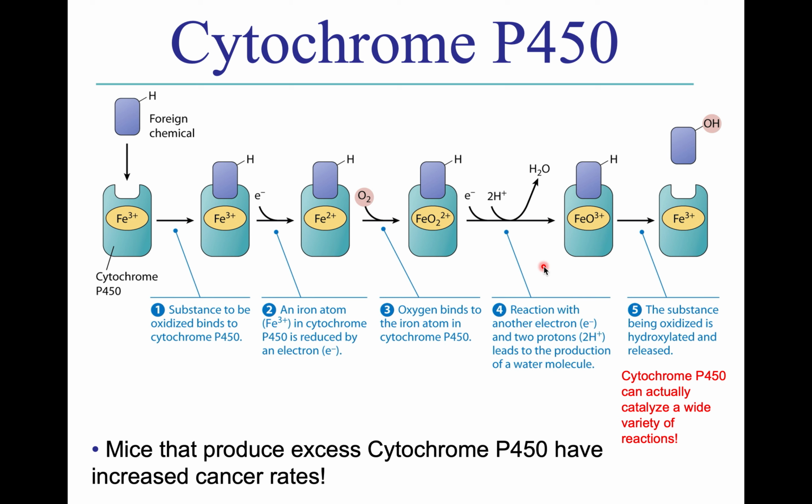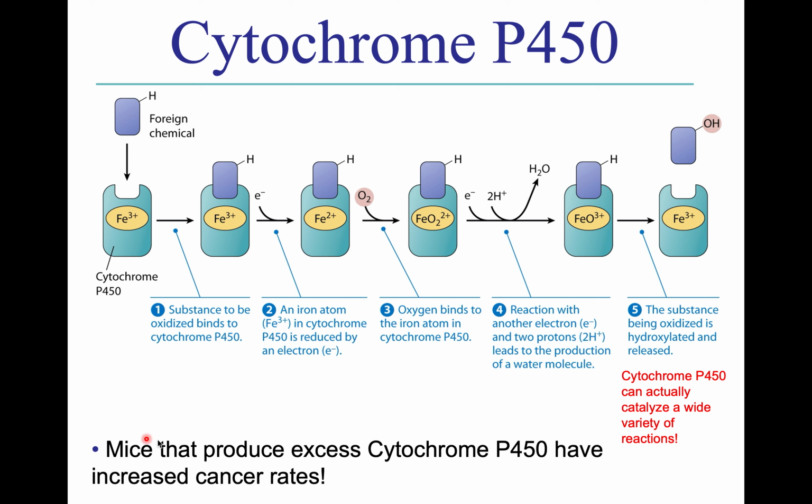And so some of these now oxidized compounds may be those activated carcinogens, and I'll show you an example of one of these in just a minute. But we know for sure that this enzymatic reaction is very tied in with the ability of chemical carcinogens to produce cancer.